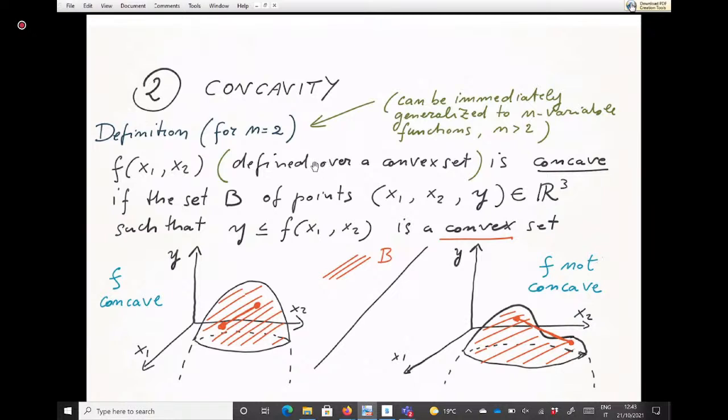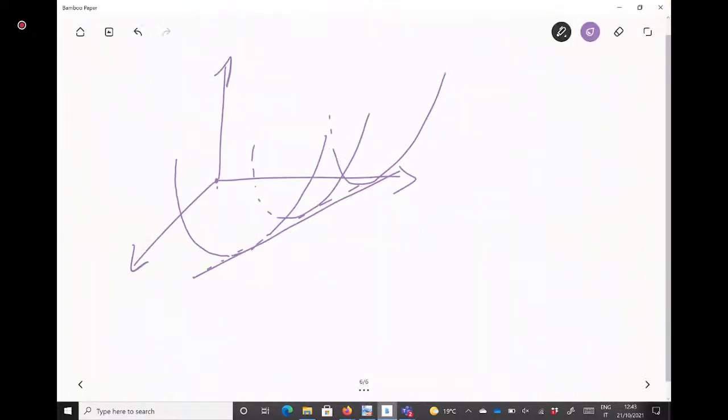Do you remember what a convex set is? Convex set in the plane. A function here is a function of two variables, so the domain is a portion of the plane. In the plane, we must have a convex set, and this means that our domain must be a convex set. This could be the domain, the whole plane could be the domain.